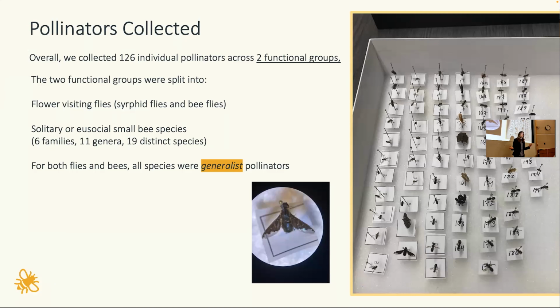All of these pollinators that we collected were generalist pollinators across both flies and bees. And if you look in that box, there are other arthropods in there. We collected all floral visitors on Triodanis, but that is for a different study, and it did not factor into my work.